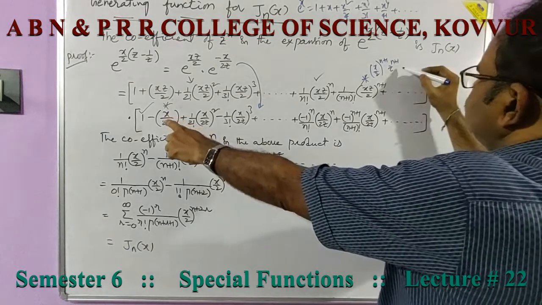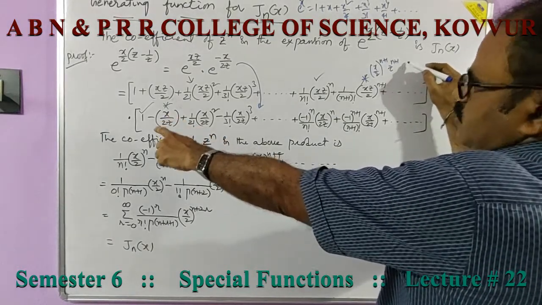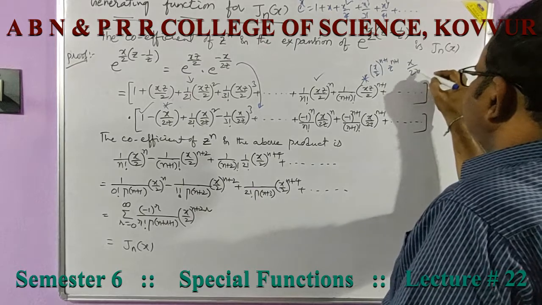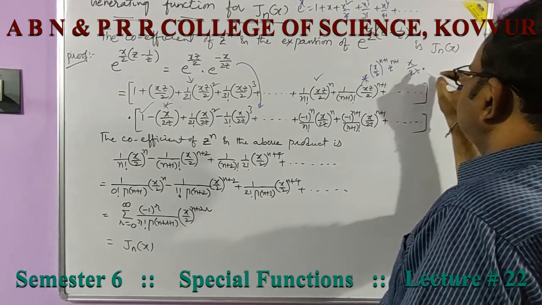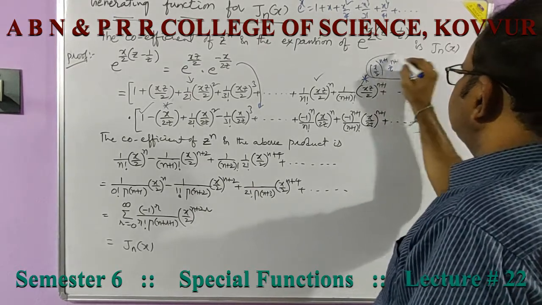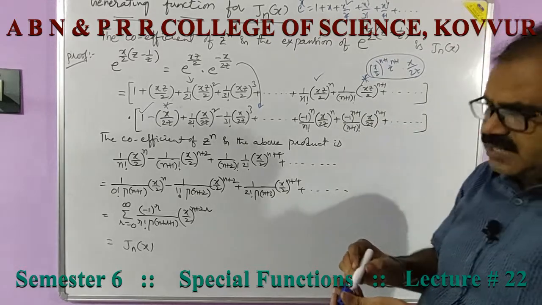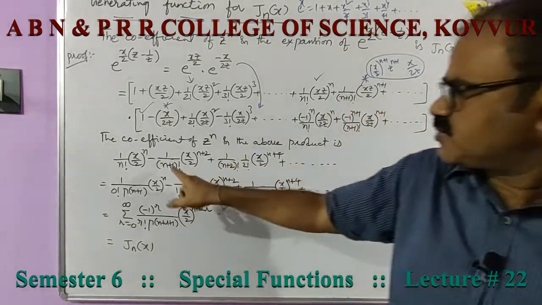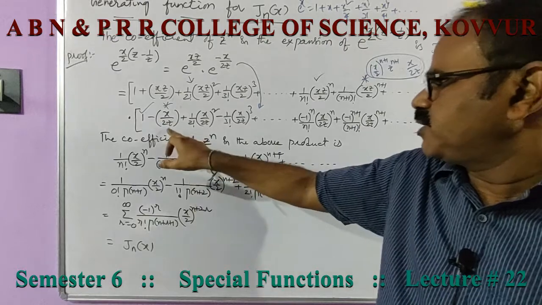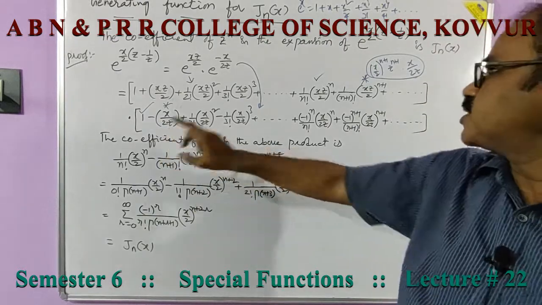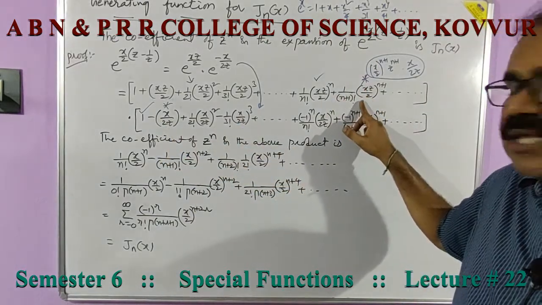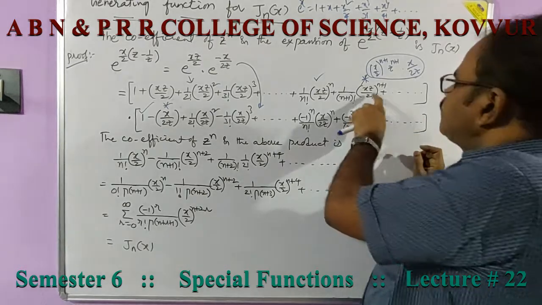Here you have minus x by 2z. So everything is minus 1 by n plus 1 factorial, by multiplying the second term in the second expansion and the n plus 1th term in the first expansion.